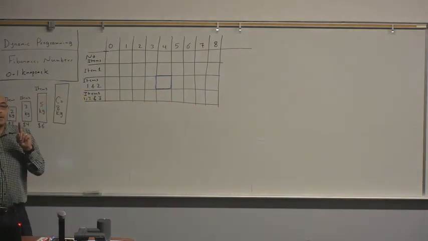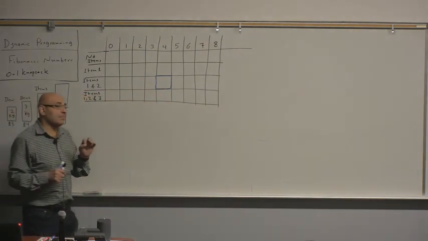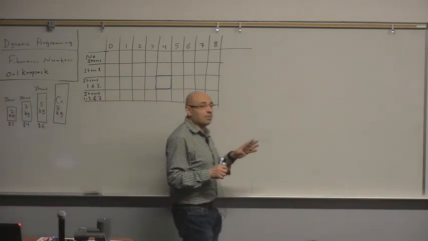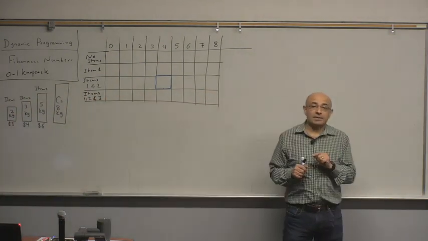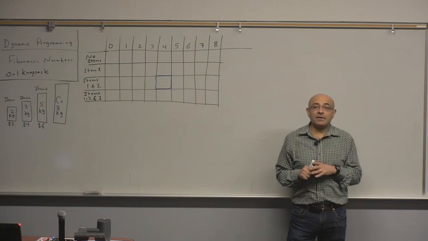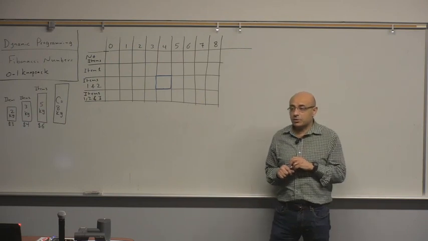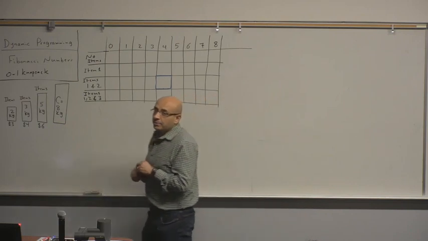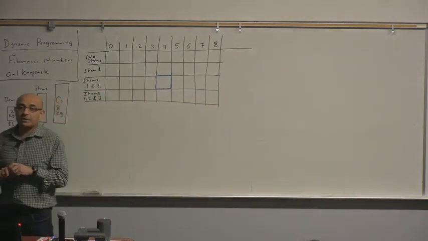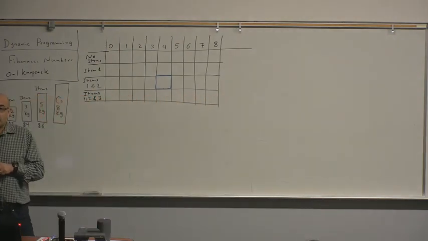So remember that the 0-1 knapsack problem has the optimal substructure property, but of course it doesn't have the greedy choice property. If it had the greedy choice property, we would have been able to solve it using a greedy algorithm.